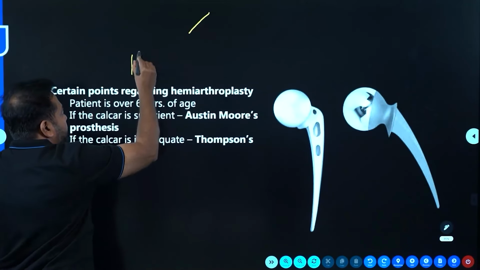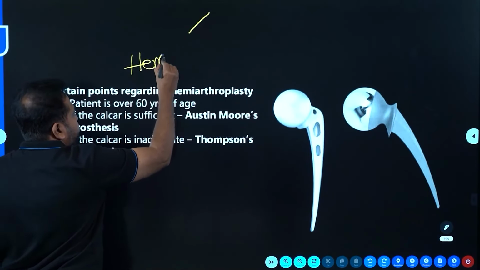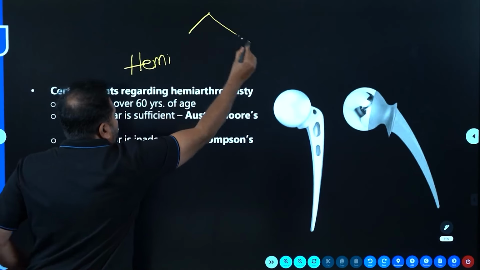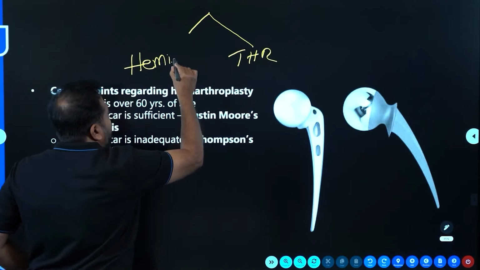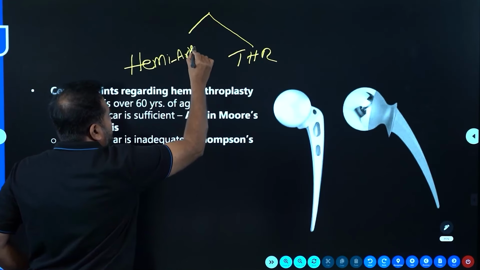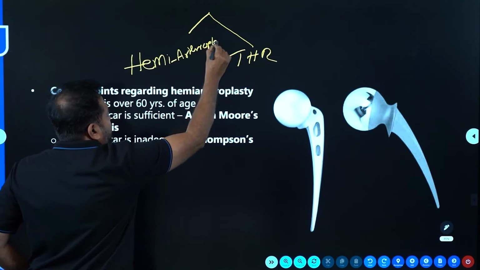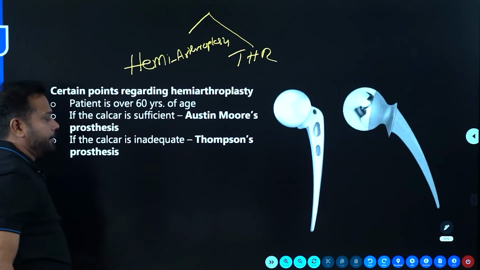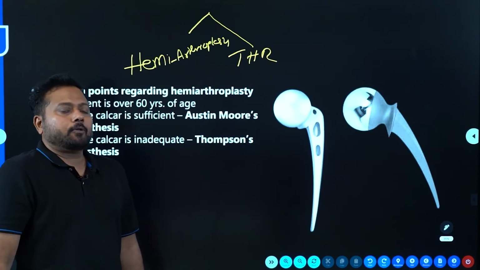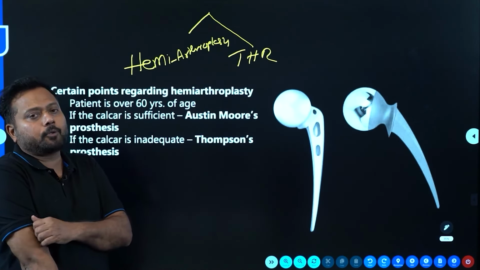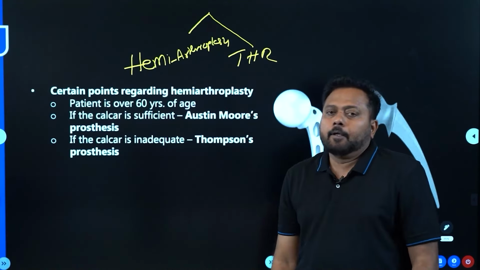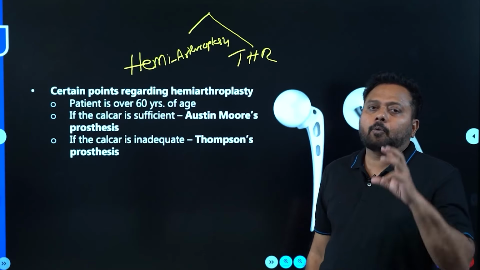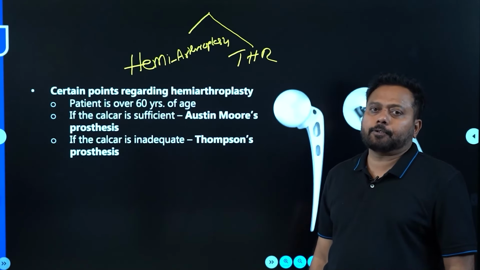Here's the explanation. Prosthetic joint replacement is of two types. One is called hemiarthroplasty. Another is called total hip replacement. When will I do hemiarthroplasty, and when will I opt for total hip replacement? See, a fracture neck of femur has happened. Fracture neck of femur means only the head will go for avascular necrosis.